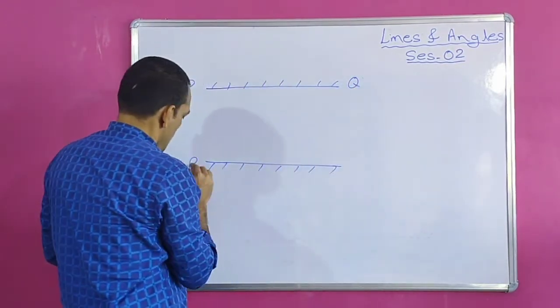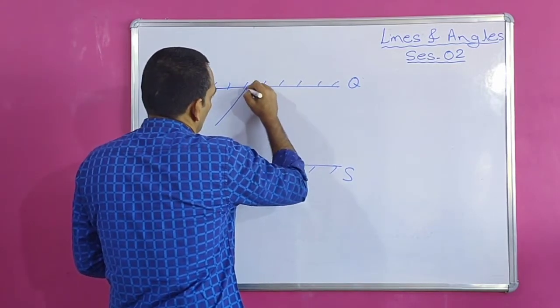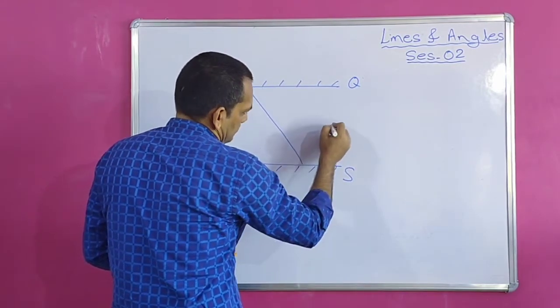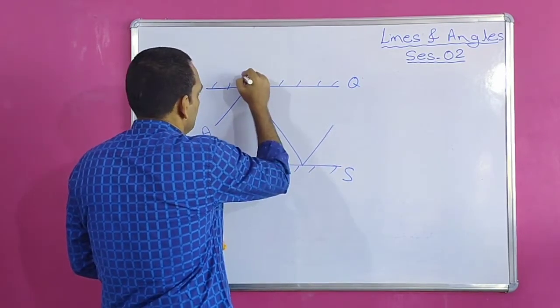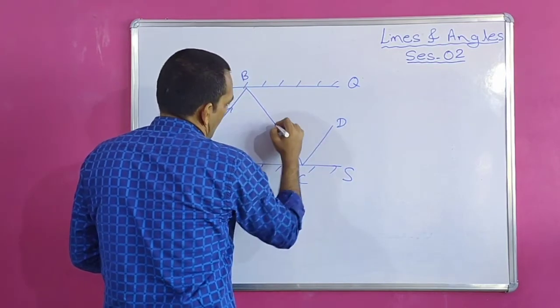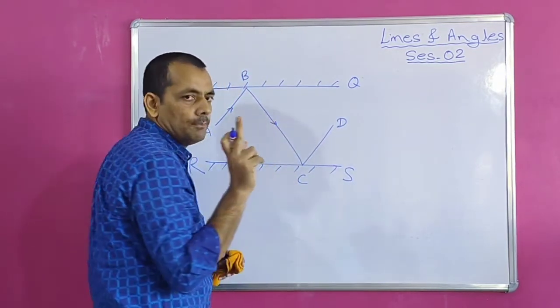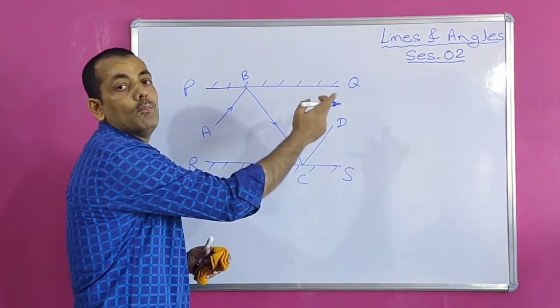Points A, B, C and D. This is not a symbol of parallel here. This is a symbol of ray movement.